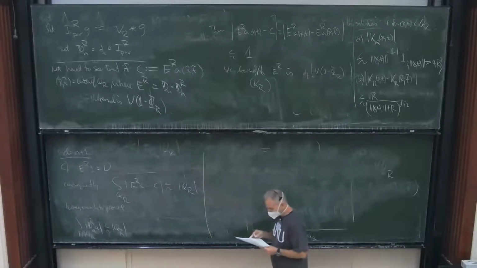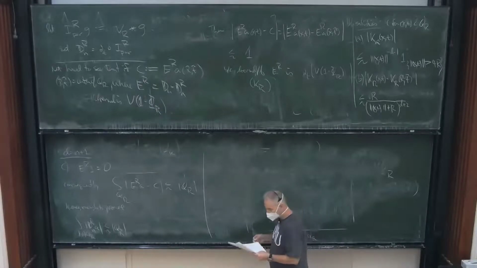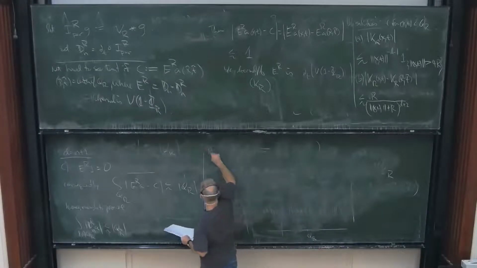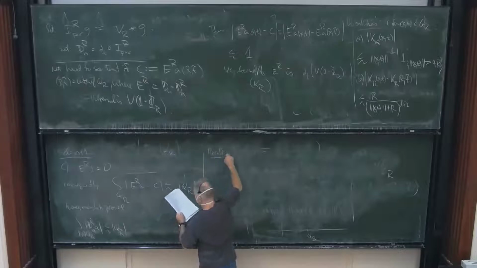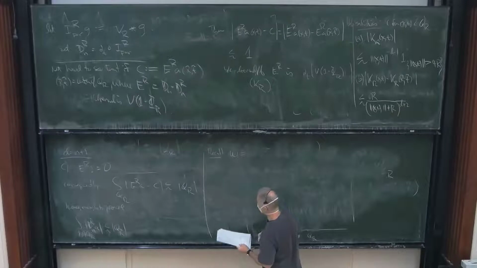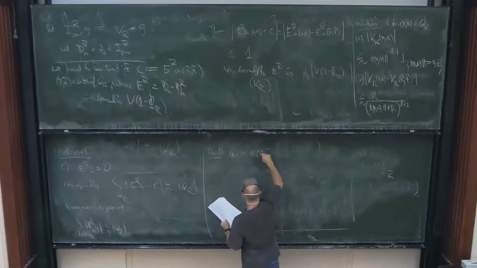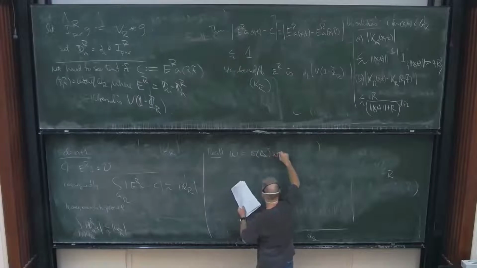Okay? All right, so now let's recall that I've defined a normalized caloric and adjoint caloric measure. In particular, the caloric measure was normalized this way.